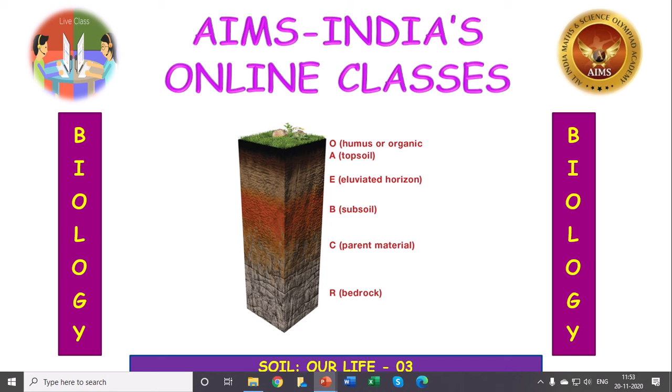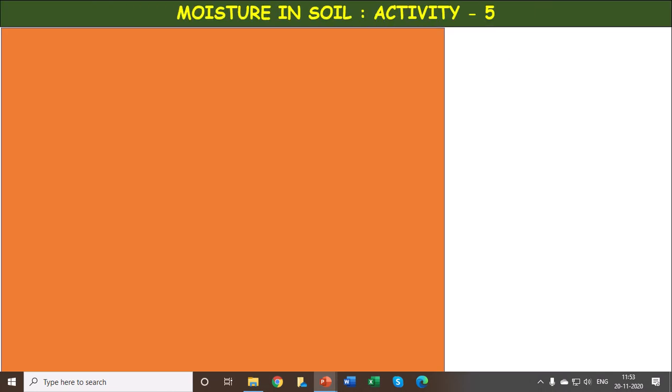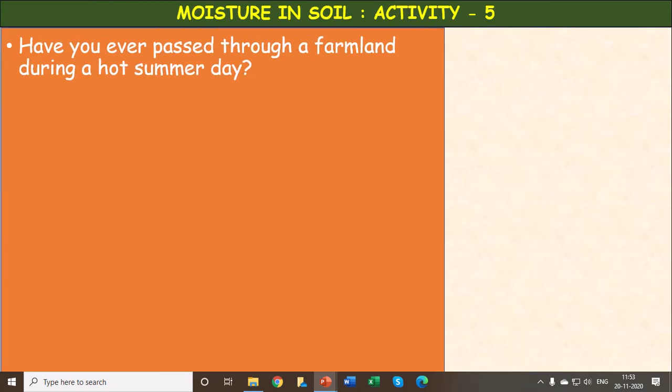Okay children, so today another concept we will begin with: moisture in soil. Have you ever passed through a farmland during a hot summer day when you visit your grandparents' houses in the village?